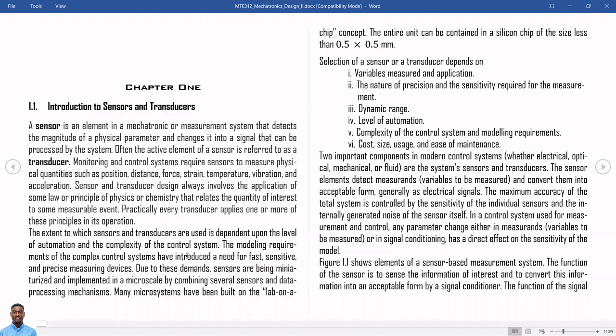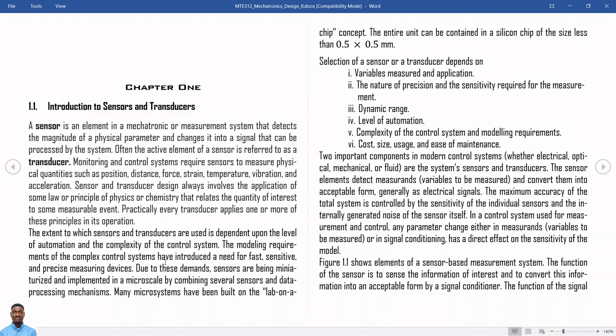And these days, we can have sensors so small, with dimensions of just 0.5 by 0.5 mm. And why we need sensors on chips this miniaturized is because the modeling requirements of complex control systems have introduced the need for fast, sensitive, and more precise measuring devices.